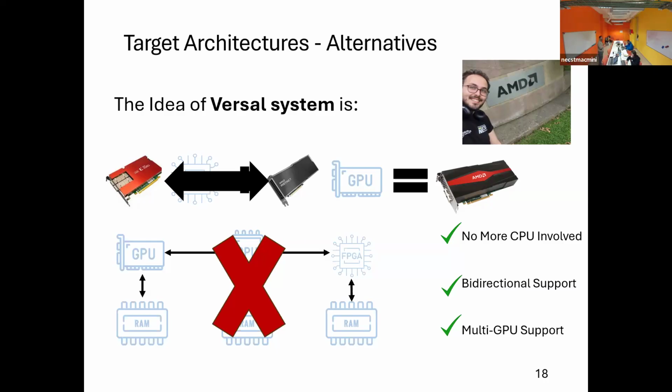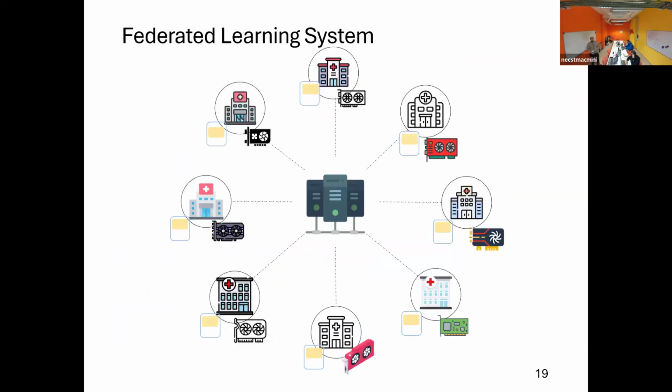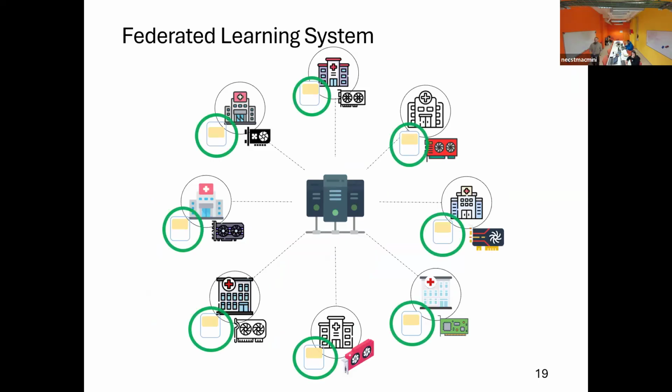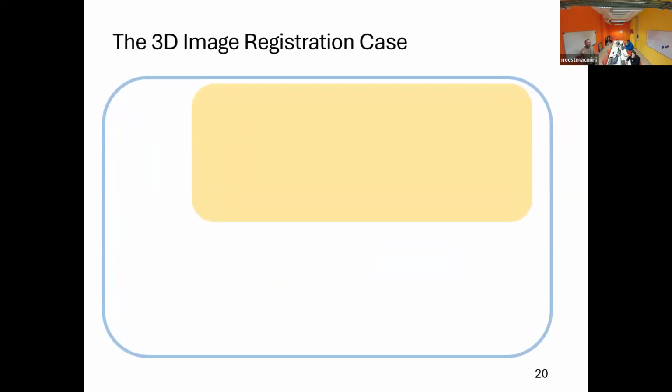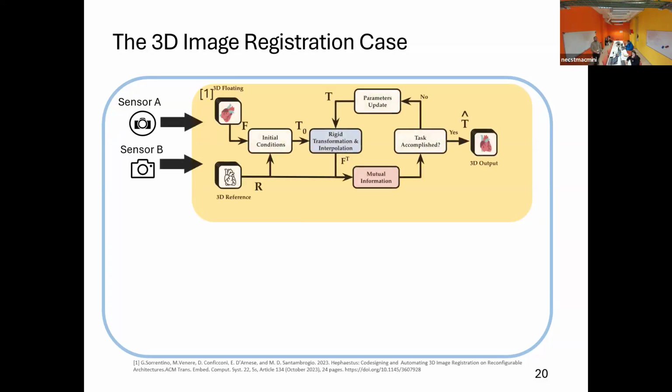Once solved the target and the hardware challenges, then I have to focus also on the application side. For giving you multiple details about this, you can consider the 3D image registration as a huge application in which you have two sensors that acquire the two volumes of images. These images are given as input to the preprocessing step that actually is performed through a heuristic.